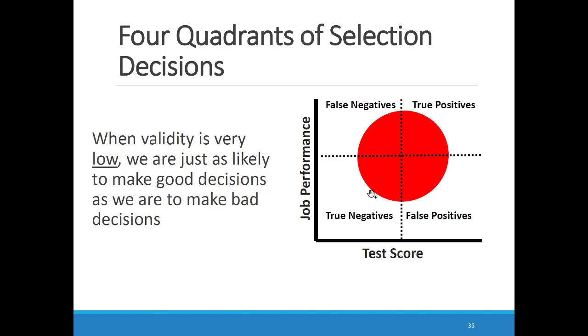In other words, when validity is very low, we are just as likely to make good decisions, or get hits, as we are to make bad decisions, or get misses. And in fact, if the validity was low like this, there would be no advantage or no point in using that predictor for selection.